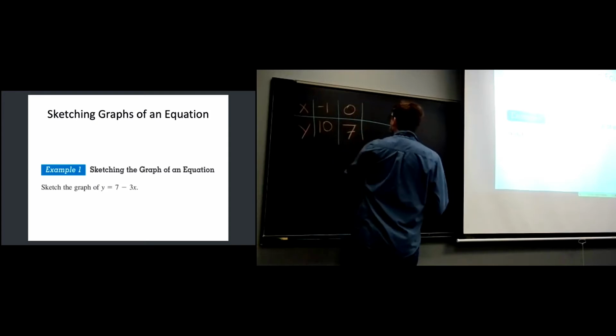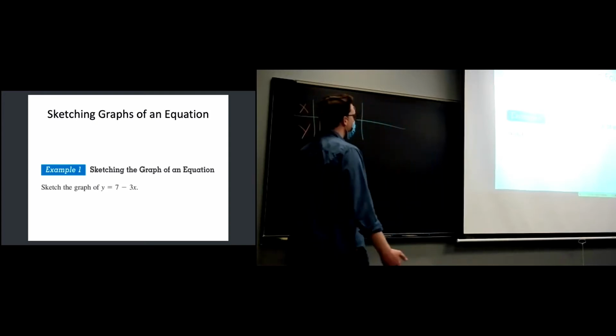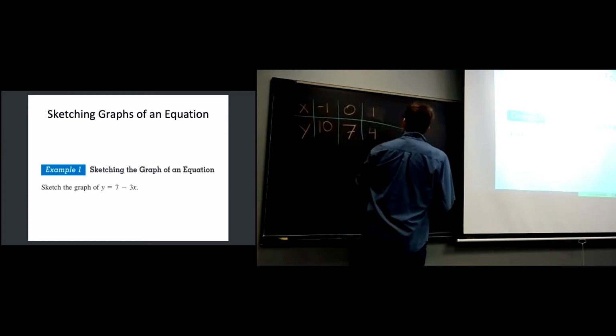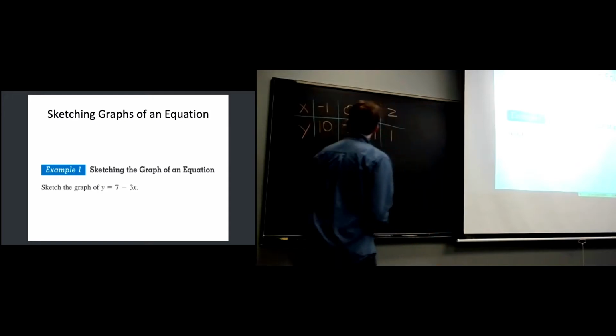And if x is 1, then we're going to get 7 minus 3, so 4. And if x is 2, we're going to get 7 minus 6, so just 1.